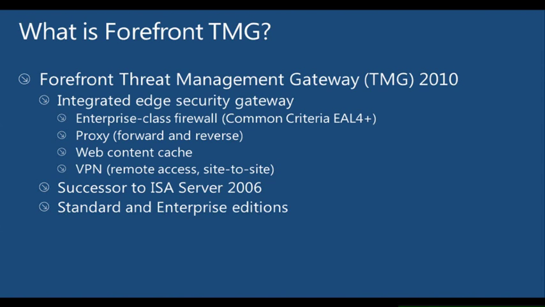ISA Server was a great proxy server and firewall, but this is a much more balanced solution. It comes in two editions, Standard Edition and Enterprise Edition. The functionality of these editions is effectively the same, with the exception that Enterprise Edition gives you centralized management and clustering capabilities, but the protection that the firewall affords is the same in Standard and Enterprise Edition.